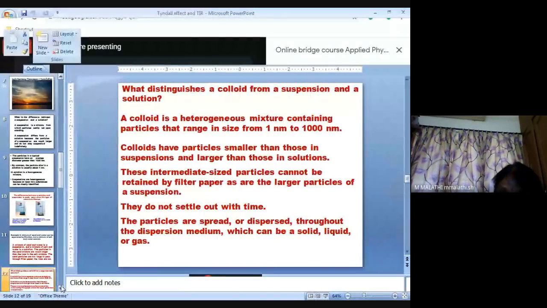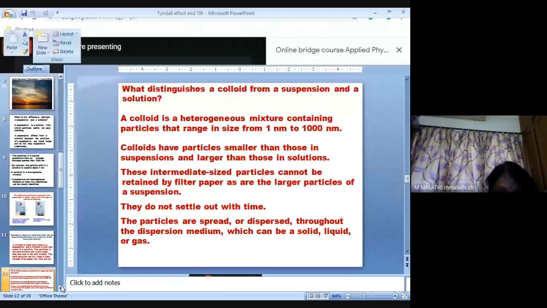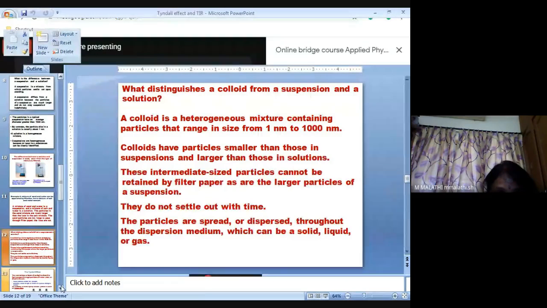So when a light passes through the glass fiber, how is the path of the light visible? It means the glass fiber is made up of solid. The particles in the glass fiber are such that when a light passes through it, it will scatter the light. So the path of light passing through the glass fiber is visible by the principle of the Tyndall effect. Apart from that, there is total internal reflection, three cases when a light passes from a denser to a rarer medium.